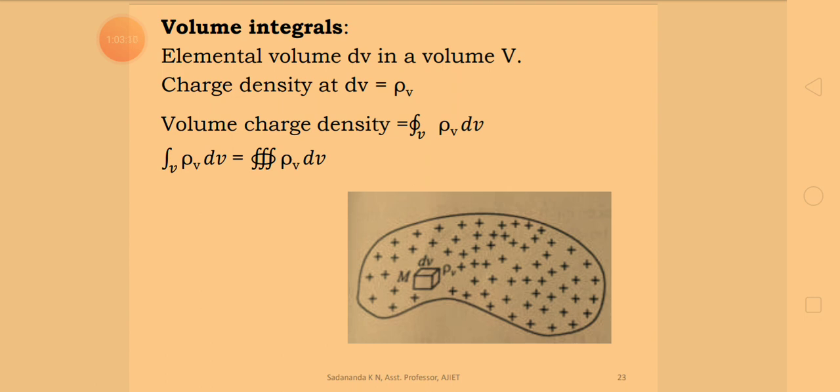So volume represents x, y, z dimensions, so you have to integrate over all of them. So the volume integral is also called a triple integral. As I mentioned, if there is a closed surface, there is a circle in the integral sign of rho v dv. So I will stop here. Thank you.